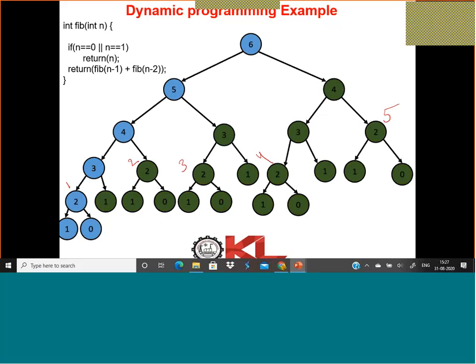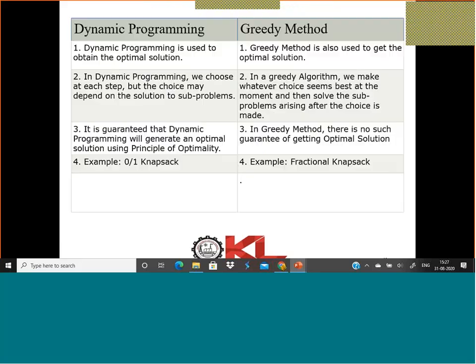Okay. So that is what you need to do. Once again, if you look at the Fibonacci of 1, how many times are you calling? 1, 2, 3, 4, 5, 6, 7, 8. Like this, several times you are calling the same function.